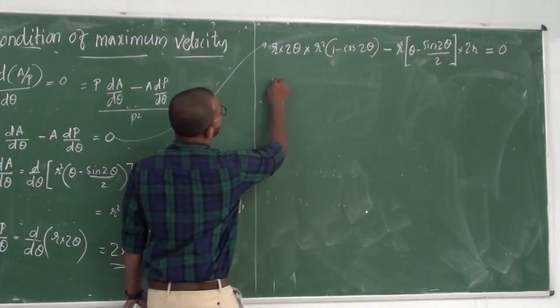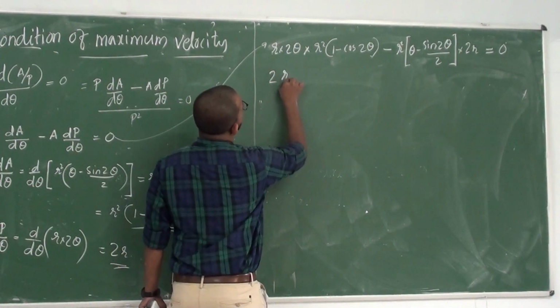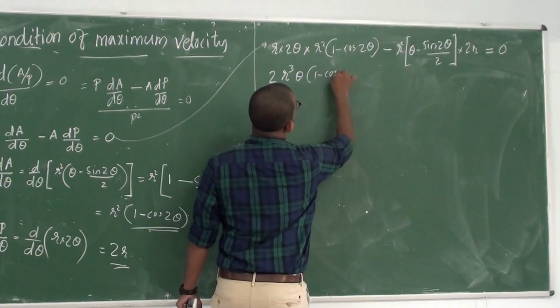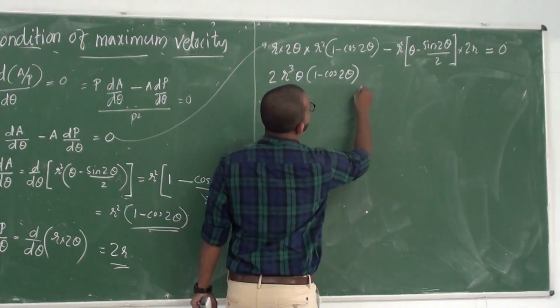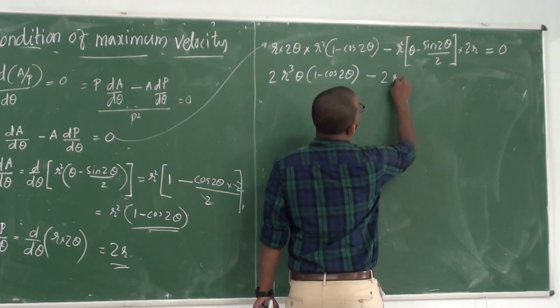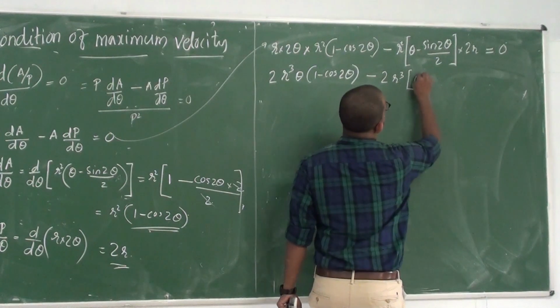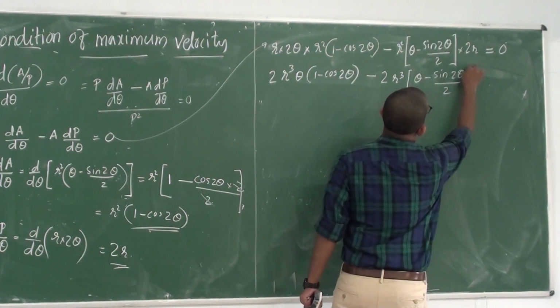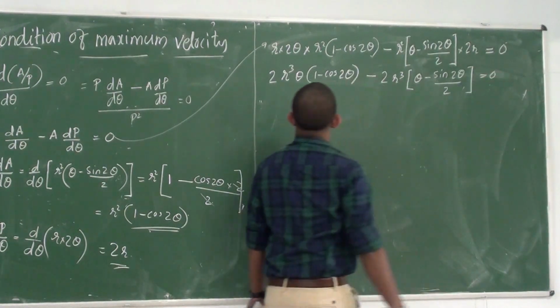So this is 2 r cube into theta into 1 minus cos 2 theta, minus 2 r cube into theta minus sine 2 theta by 2, equal to 0.